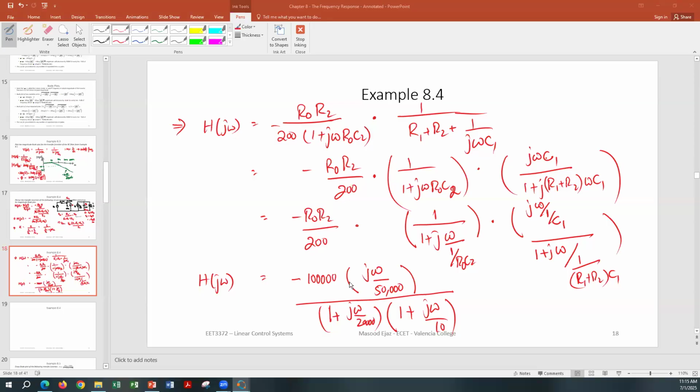It's going to become 2. 50,000 times 2 is 100,000. Just let me make sure it is correct. R0 R2 over 200, 1 over 1 plus j omega R0 C2 times j omega C1, j omega C R1 plus R2. Okay.